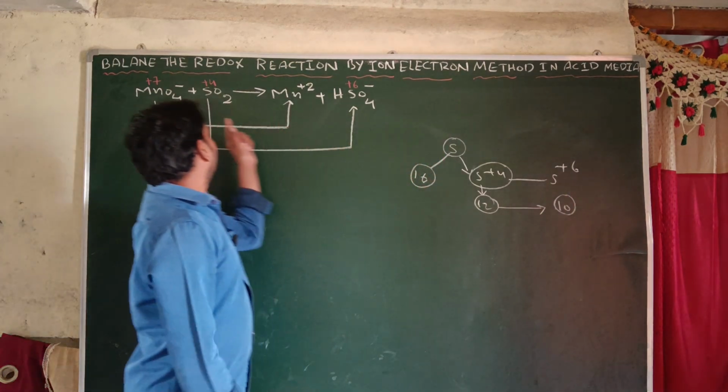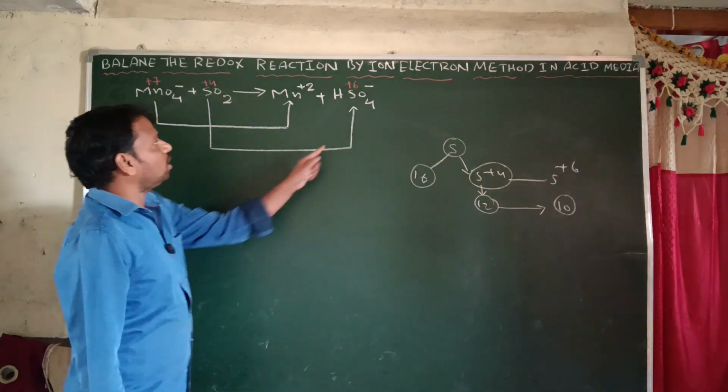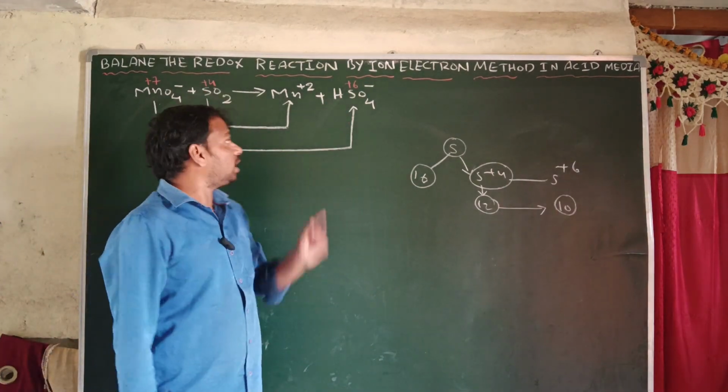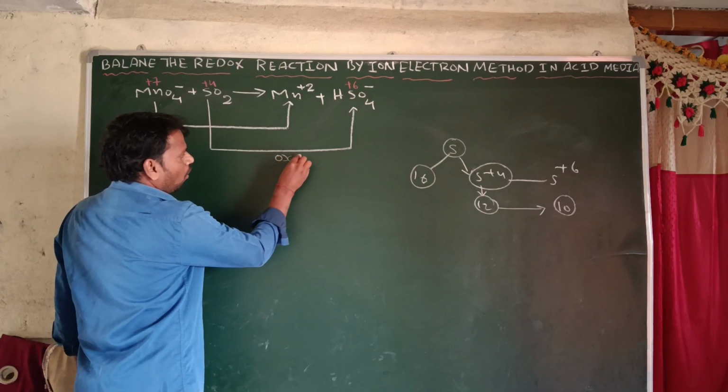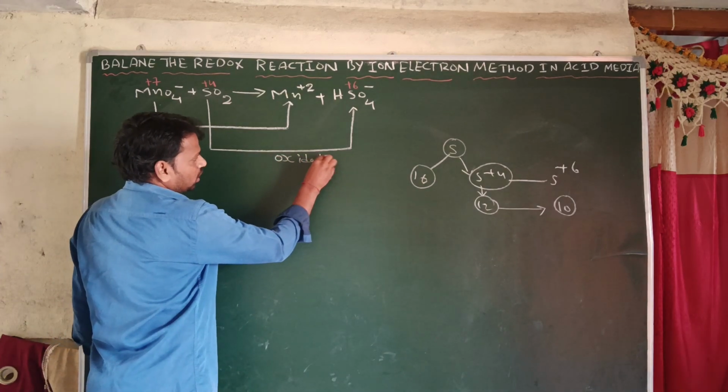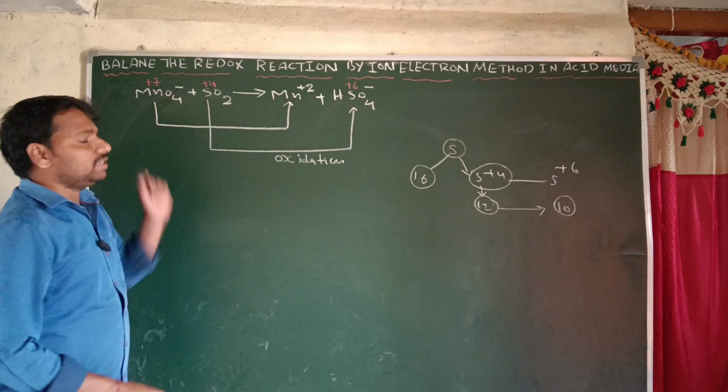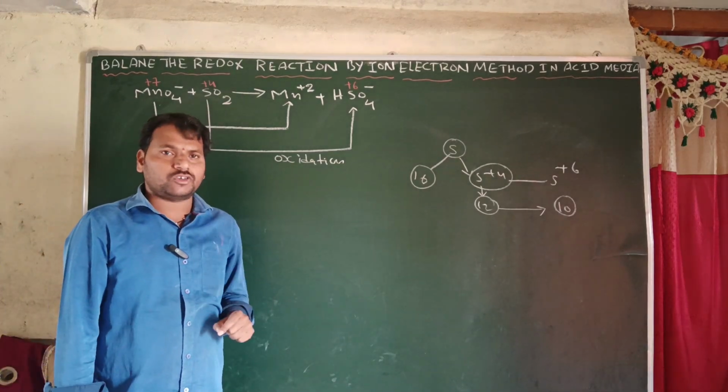So sulfur loses 2 electrons, and that is why it undergoes an oxidation reaction.